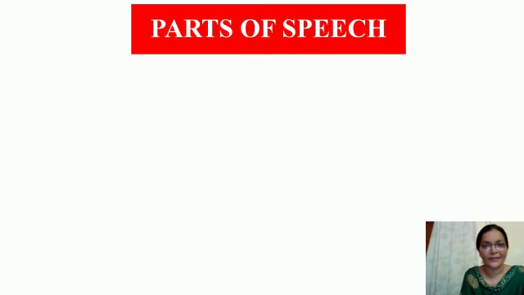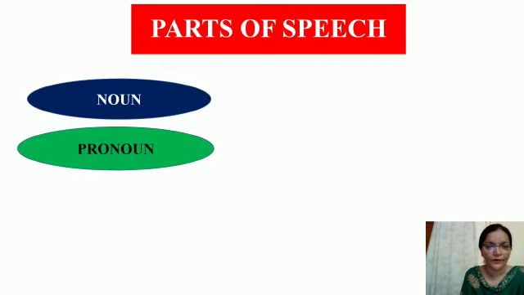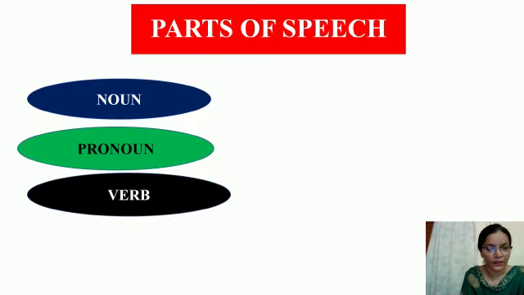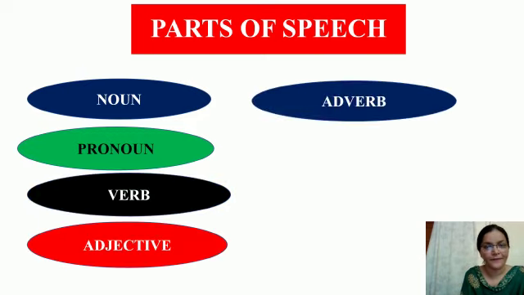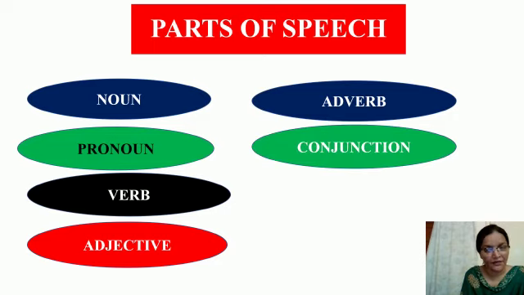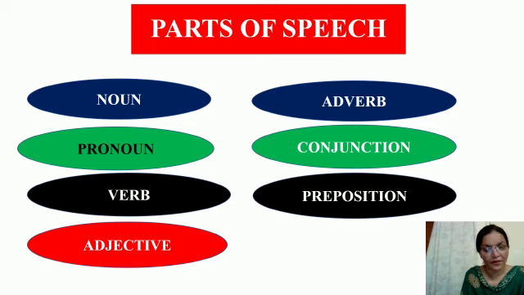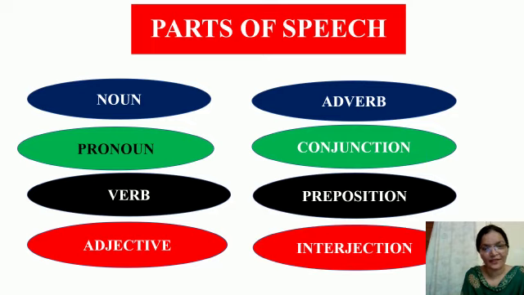In the English language, there are 8 parts of speech, namely noun, pronoun, verb, adjective, adverb, conjunction, preposition, lastly interjection. So let's begin with the easy one, that is noun.